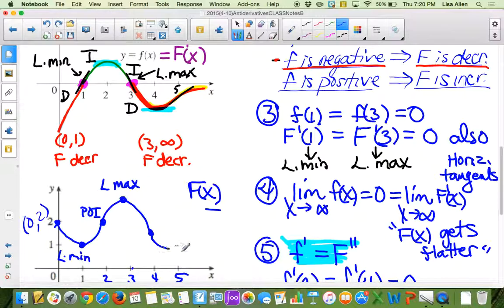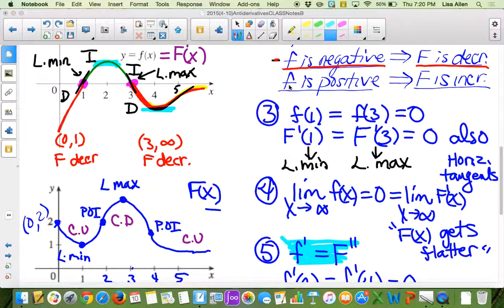And then the slope, remember, the limit as x approaches infinity, as I continue this, it gets flatter and flatter. So we have a point of inflection where the graph goes from concave up to concave down. That matches what we're talking about. So here's my concave up interval, my concave down interval, and then I have a concave up interval as well.